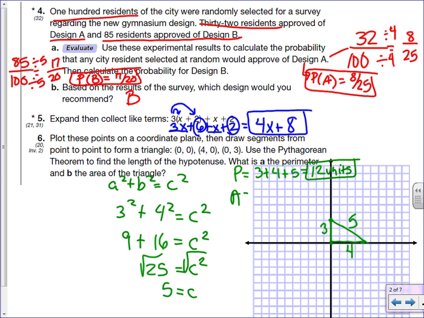And then the area of a triangle, we take 1/2 of the base times the height. So 1/2 times 4 times 3. Half of 4 is 2. 2 times 3 is 6. And then area, again, we don't know what the units are, so we call them units. And since it's area, it's squared.